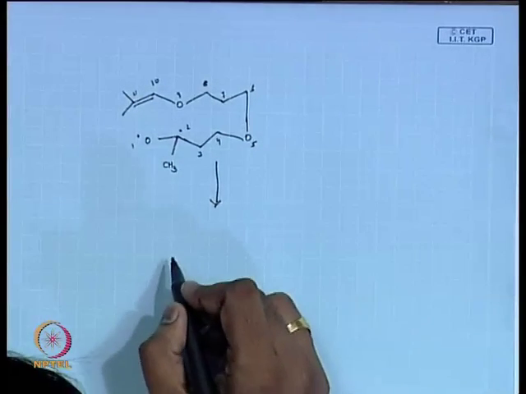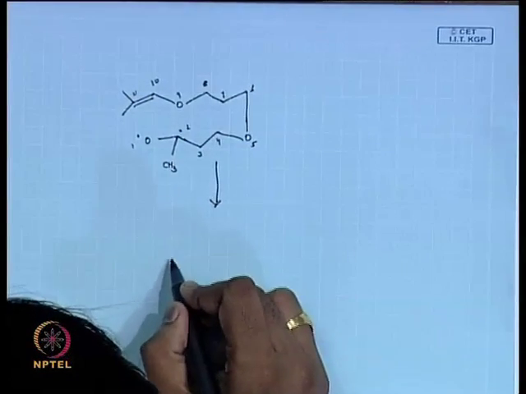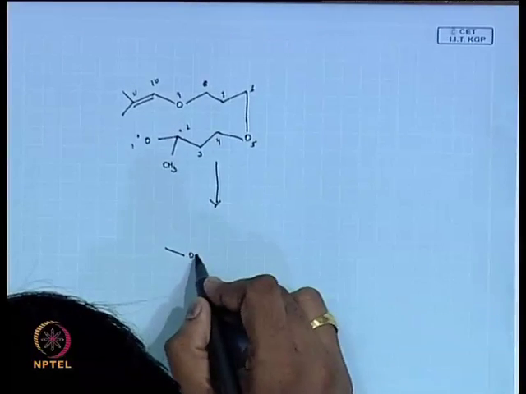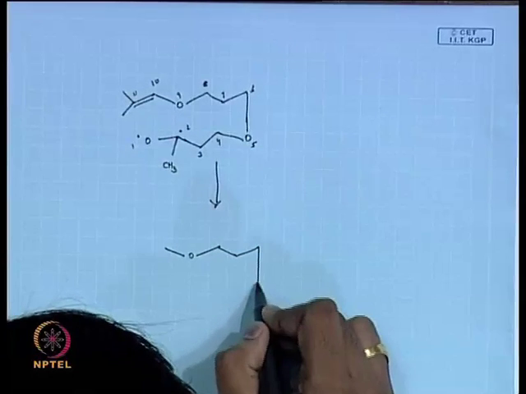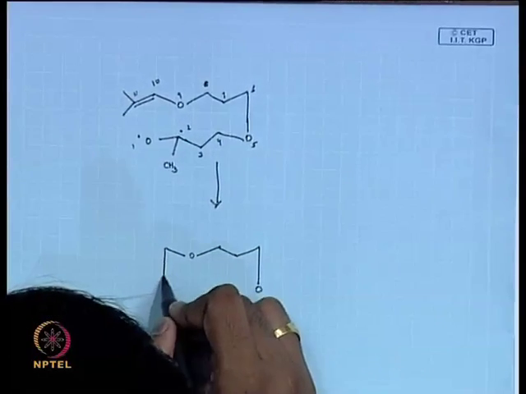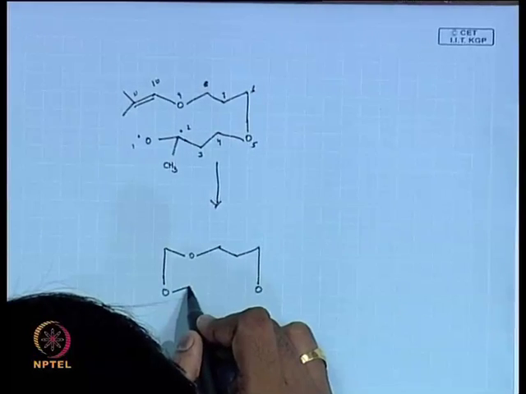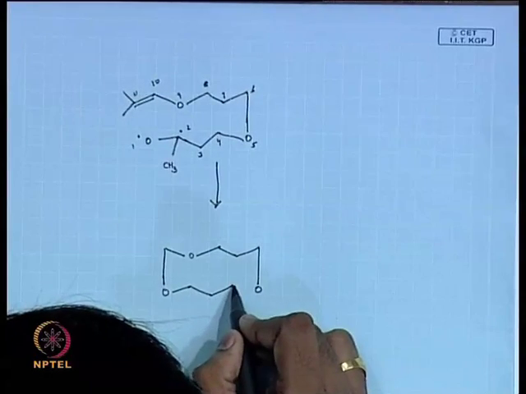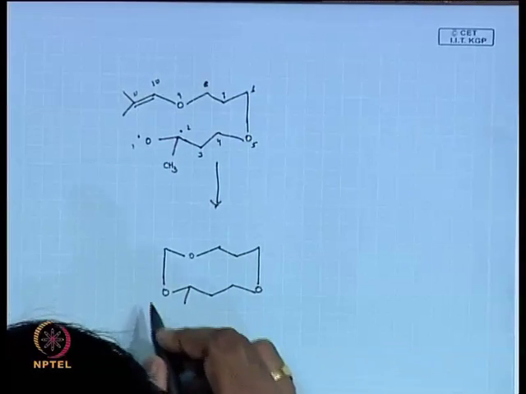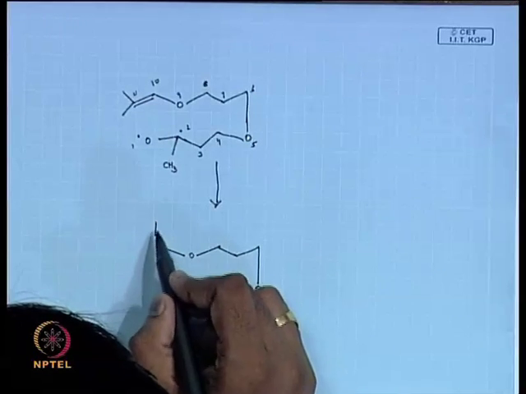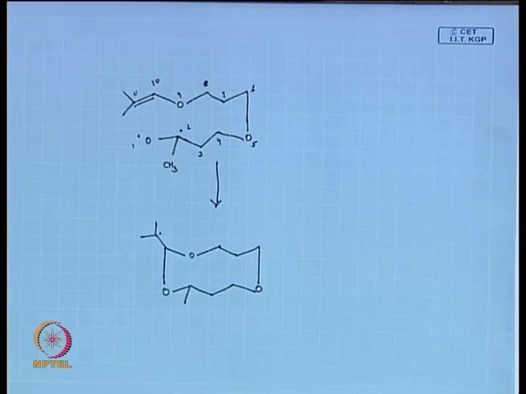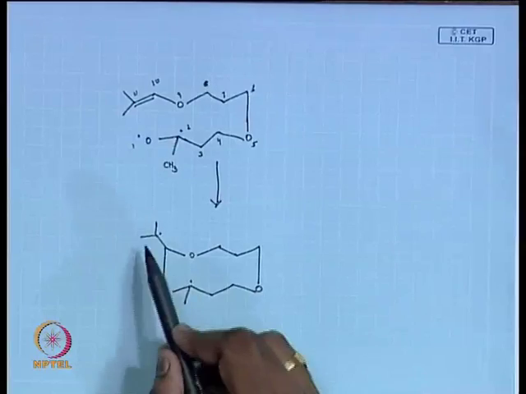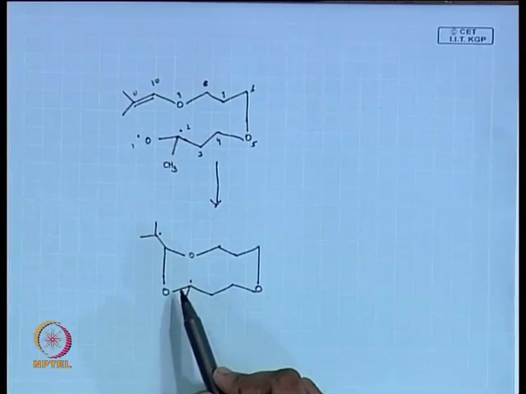So, if you do that, then what do you get? And I get a radical. Now, what happens? You know that this radical should combine with this radical, right? So, just draw it.